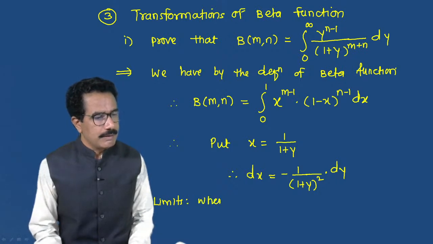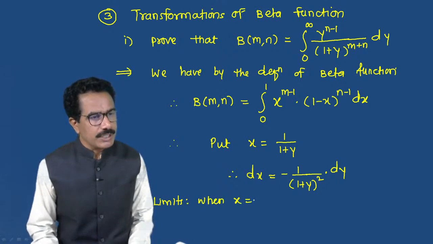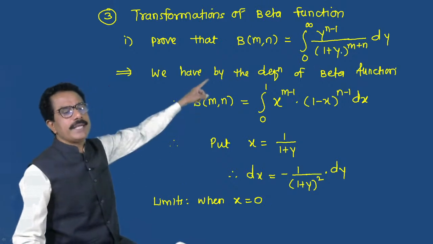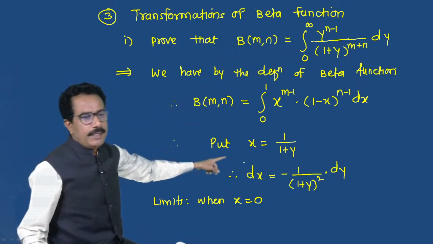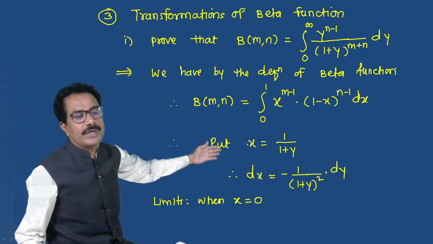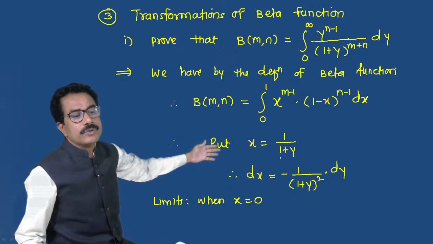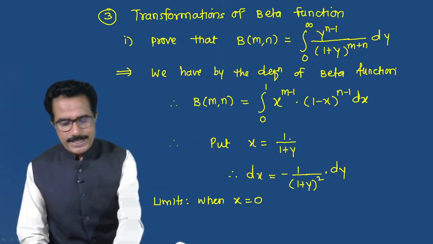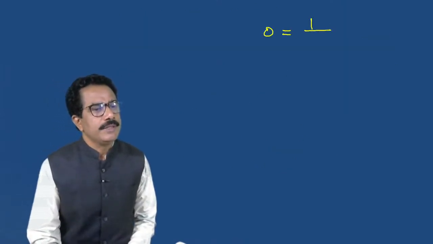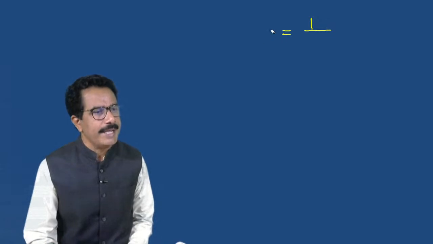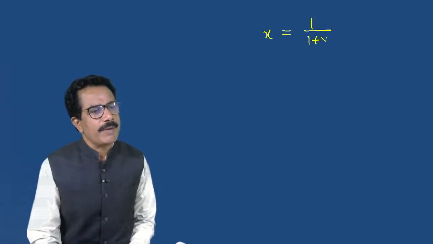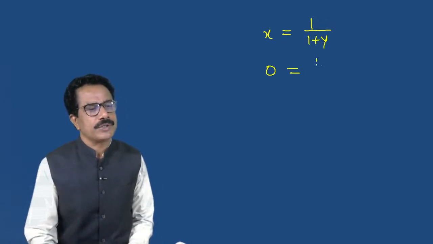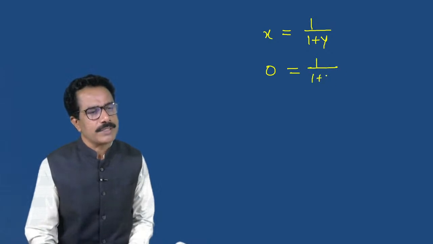When x is equal to 0, the lower limit, what is the value of y? Let me solve it here. If we put the lower limit x is equal to 0, then 0 is equal to 1 upon 1 plus y.